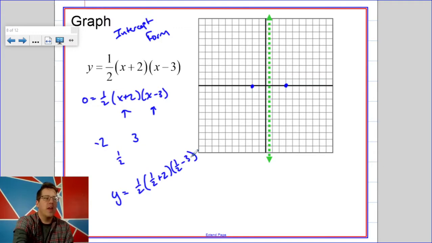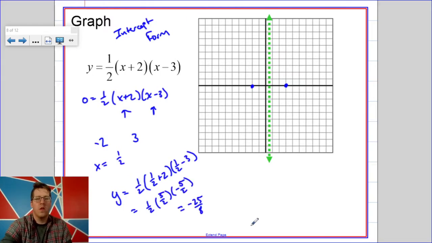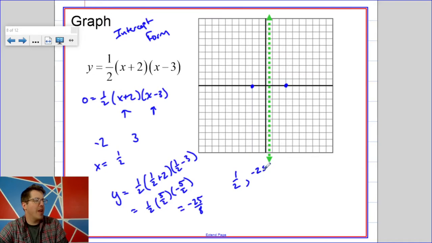We're going to plug in the x coordinate and we're going to find the y coordinate. So I plugged in 1/2 and I got -25/8. So -25/8 is our y coordinate, and -25/8 is -3 1/8. So that's just about here.